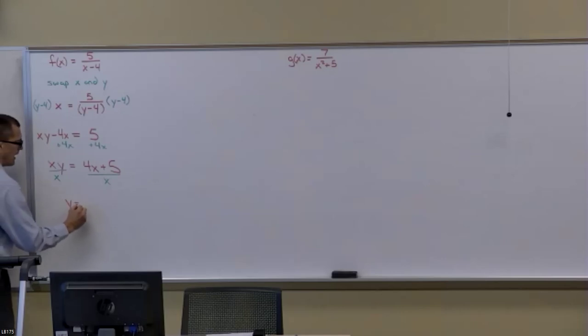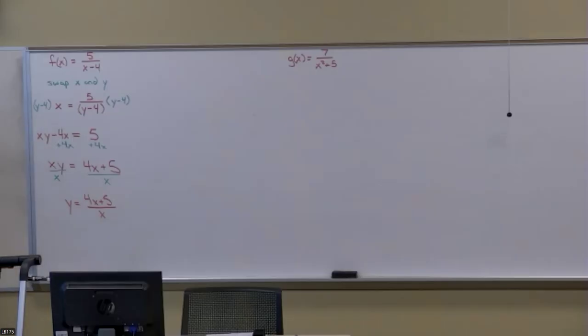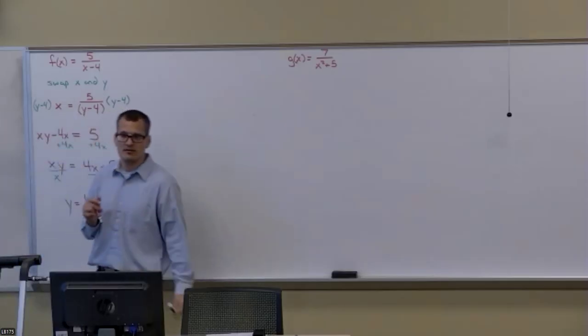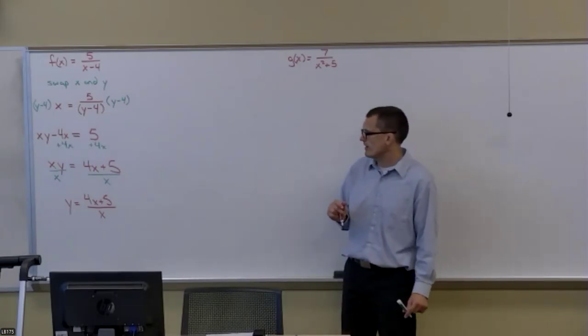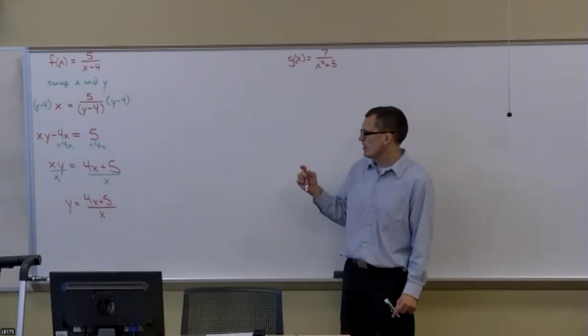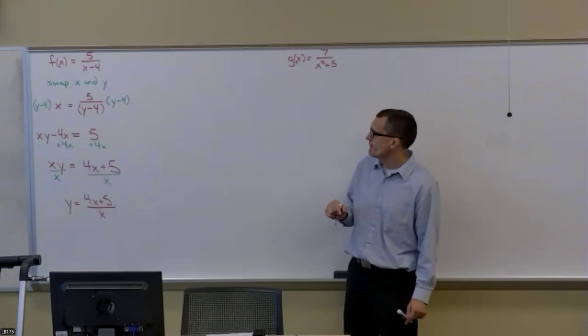So I get y is equal to 4x plus 5, all divided by x. You can rewrite that if you'd like to, it doesn't matter, but I'll leave it like that. Okay? You could, if you wanted to, say 4x over x is 4, 5 over x is 5 over x. But there you go.